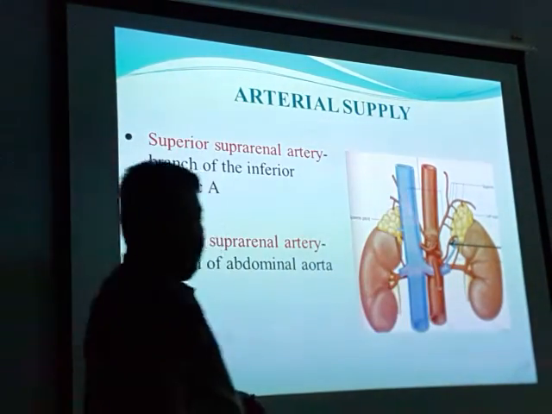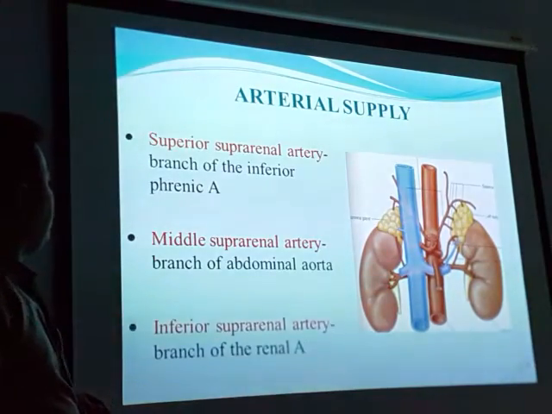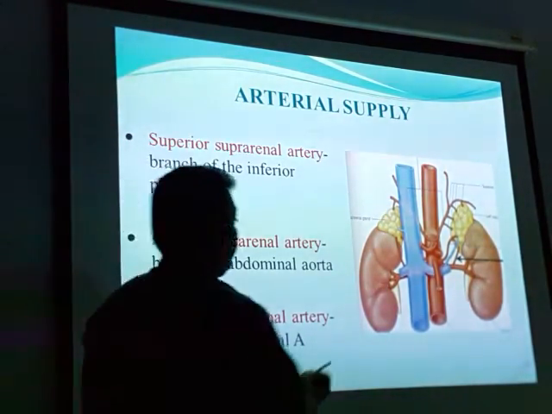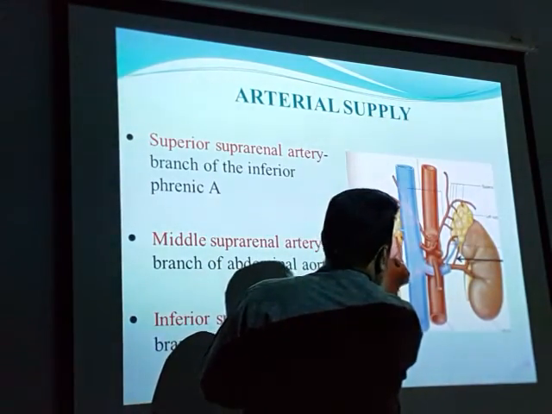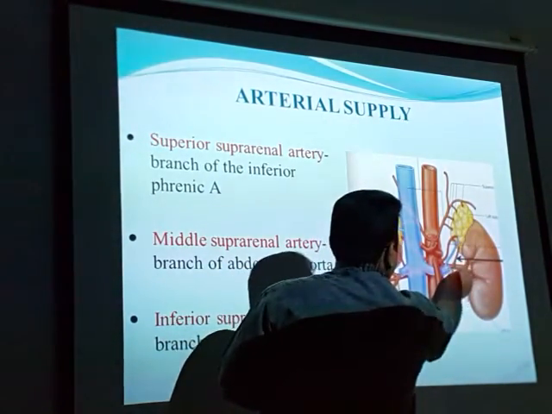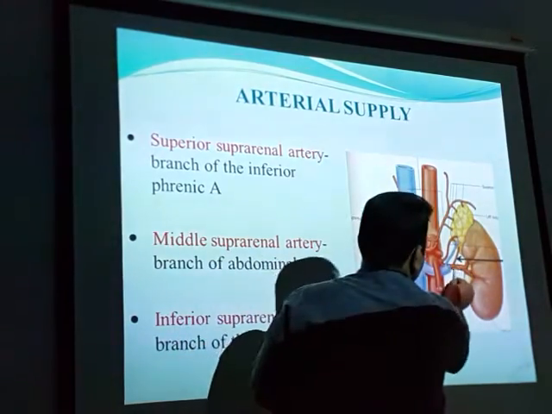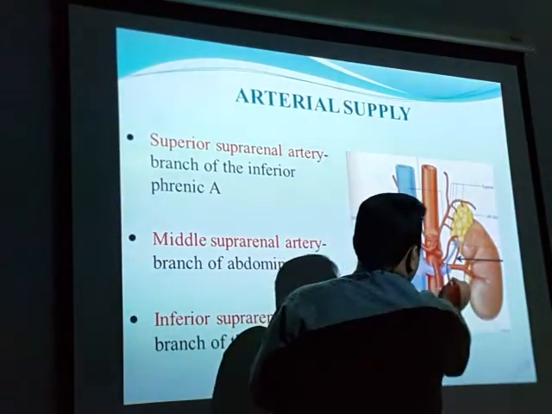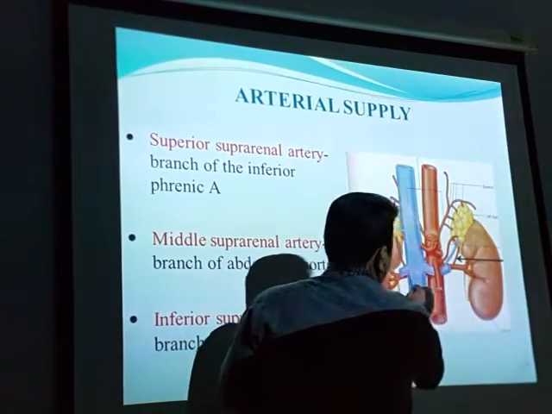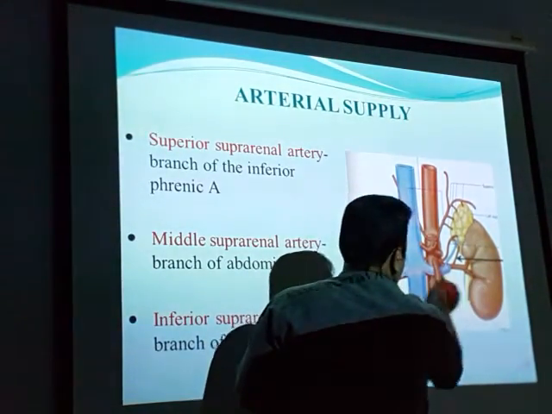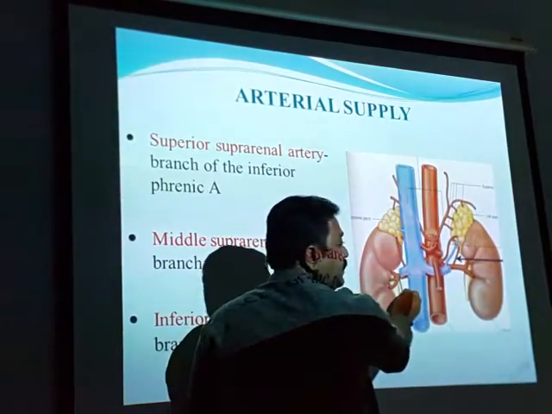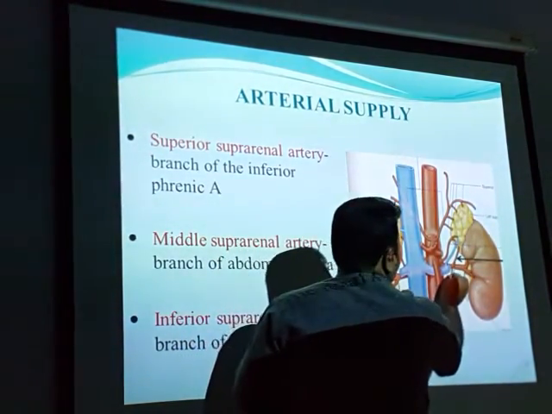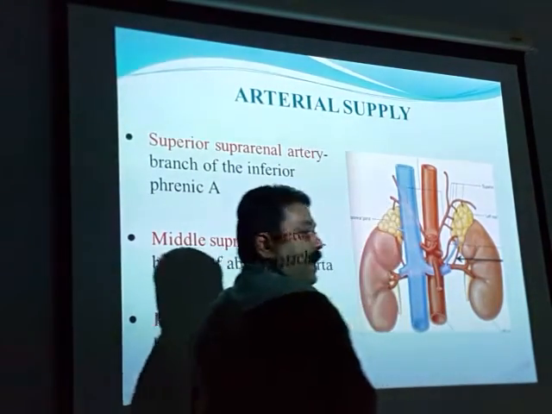Next is the inferior suprarenal artery. Where does it arise? From the renal artery. In the figure, these are the left and right renal arteries, and the branch from here gives rise to the inferior suprarenal artery.